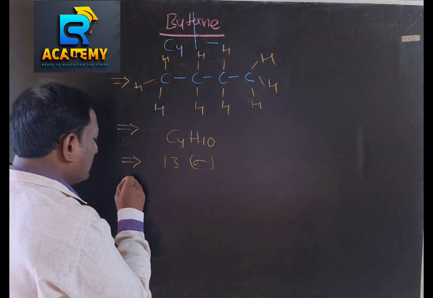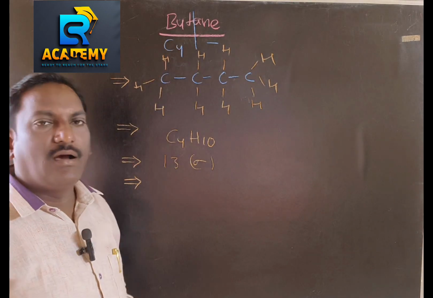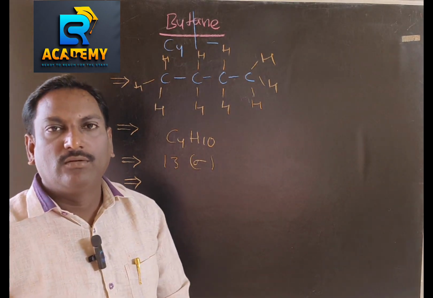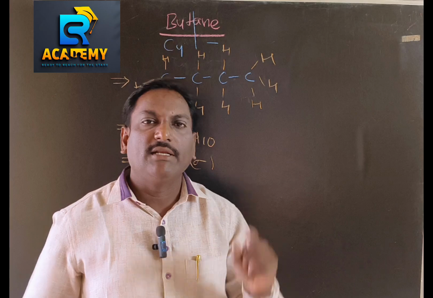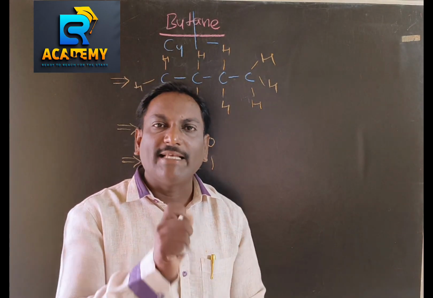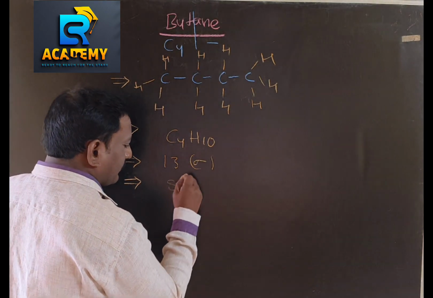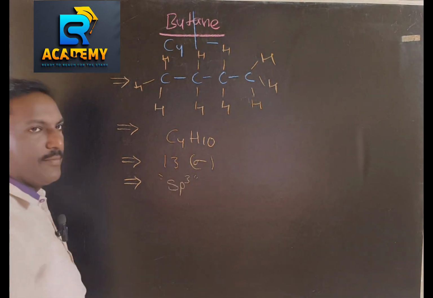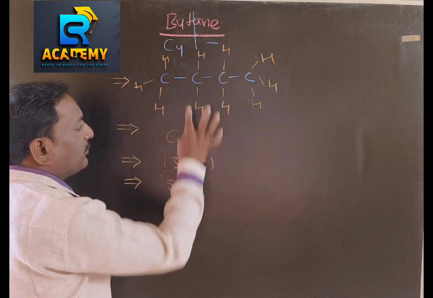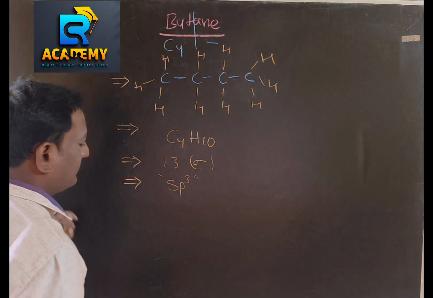Okay, right. What is the hybridization of each carbon in butane? Already said, saturated hydrocarbons: in the case of saturated hydrocarbons, all carbon atoms undergo sp3 hybridization. Now let us draw the Lewis dot structure of butane. Get ready.